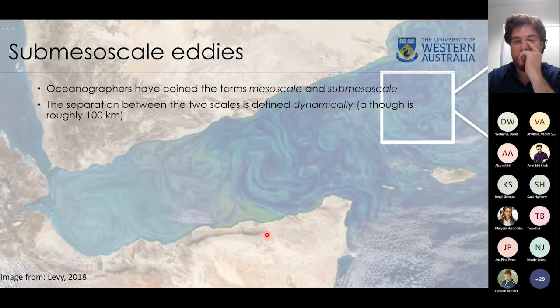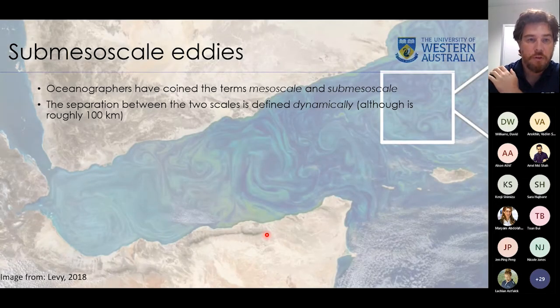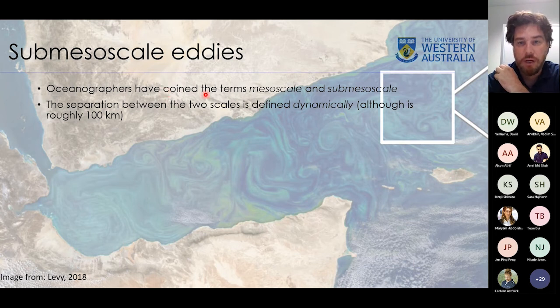So starting with the overview of the processes. I've already alluded to submesoscale eddies. Mesoscale and submesoscale are terms coined by oceanographers. The point of separation between them is actually defined dynamically. There's no clear length scale separating them.